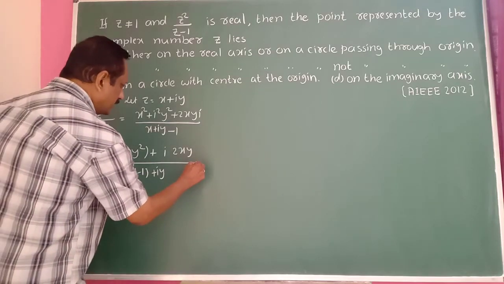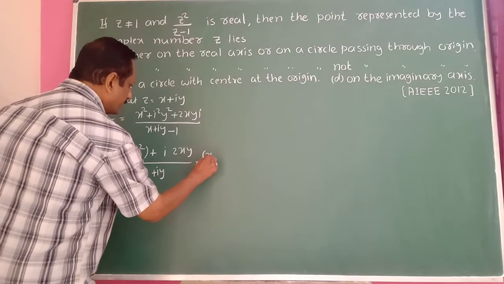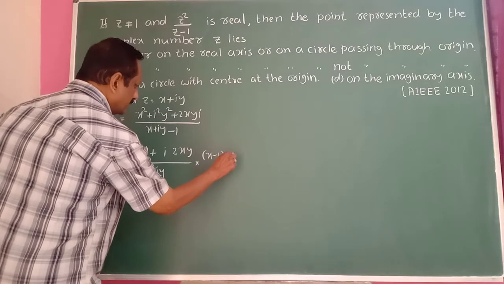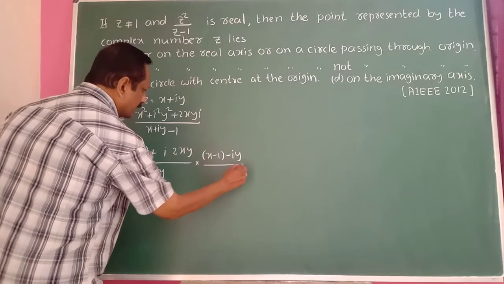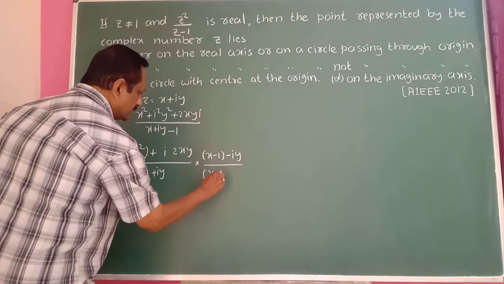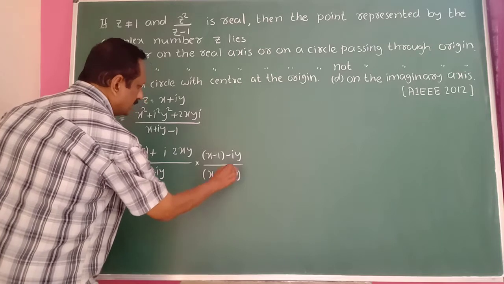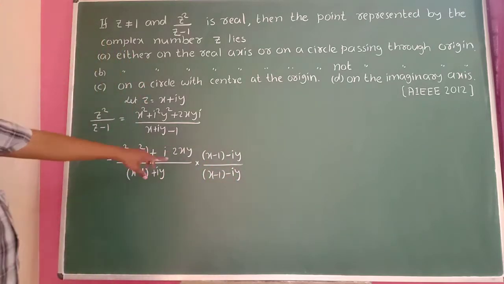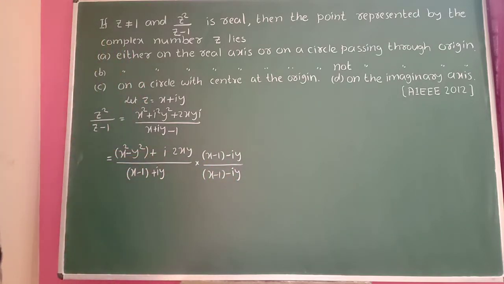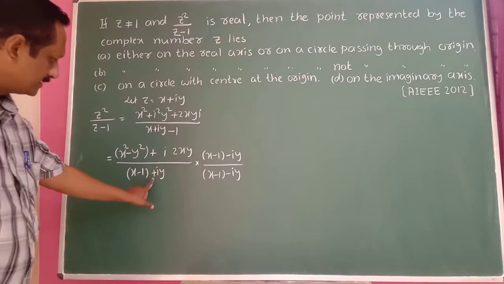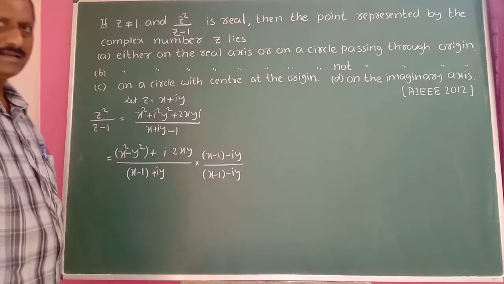Multiplying numerator and denominator by (x minus 1) minus iy. Rationalize because you have a plus sign, so take a minus sign.